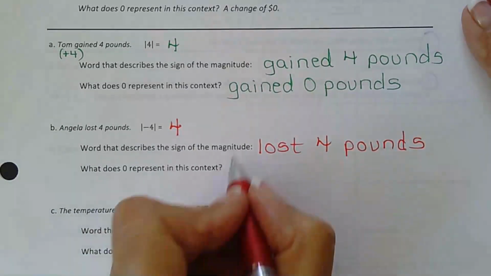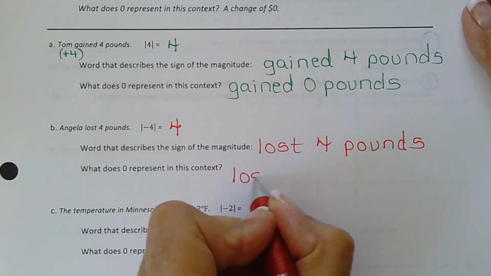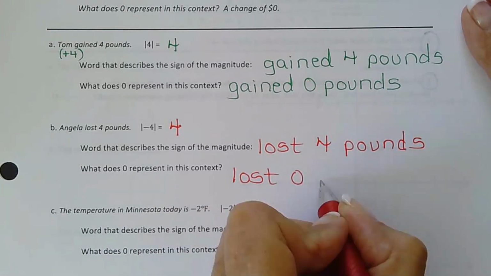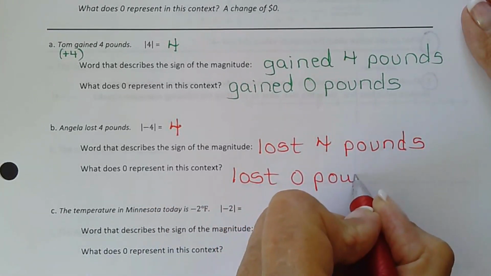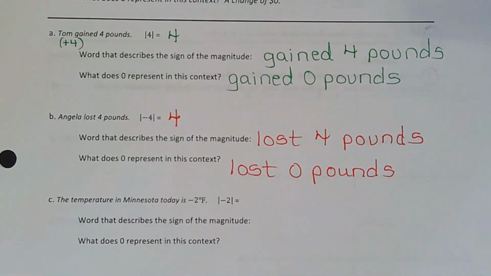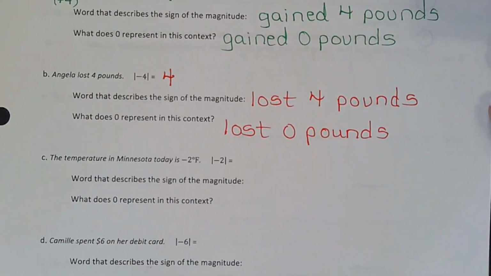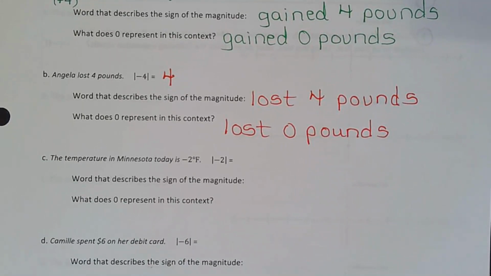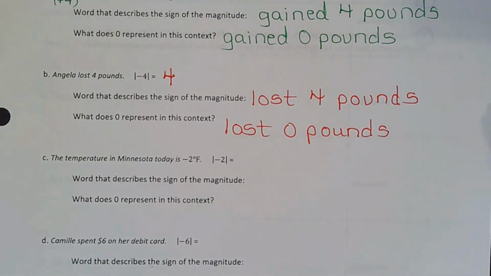What does 0 mean? Lost 0 pounds. I don't know, that third one is kind of redundant, but sometimes, you'll see on this next one, sometimes it makes a little bit more sense, but why do they keep asking that? What does 0 mean?